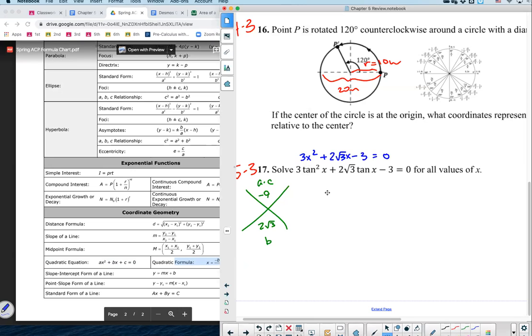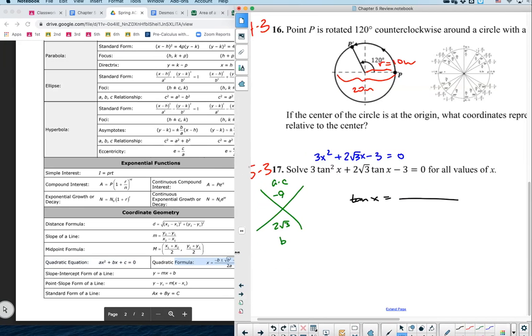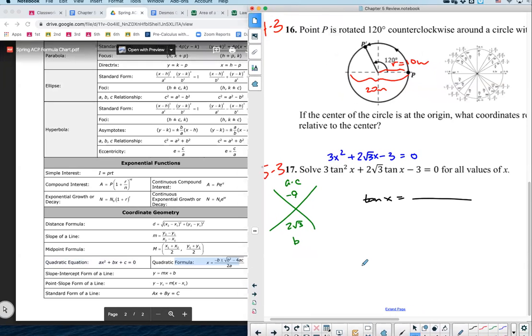So what this is saying is that the solutions for x, but in our problem, it's not just going to be x, it's going to be tangent x will equal negative b, which is negative 2 square root of 3, plus or minus the square root of b squared, 2 square root of 3 squared, minus 4 times my a, which is 3, times my c, which is negative 3, all divided by 2 times a.